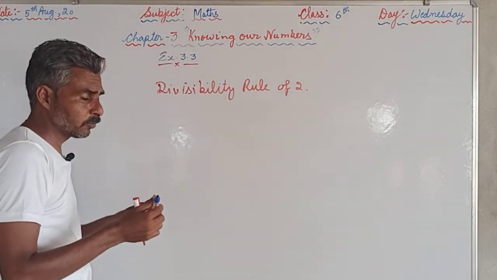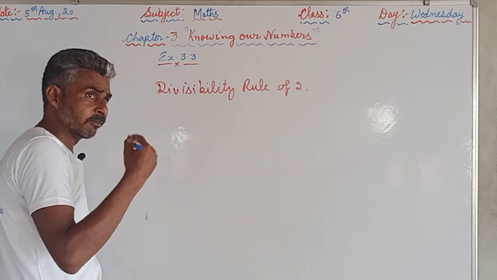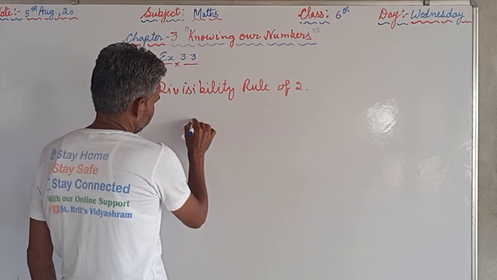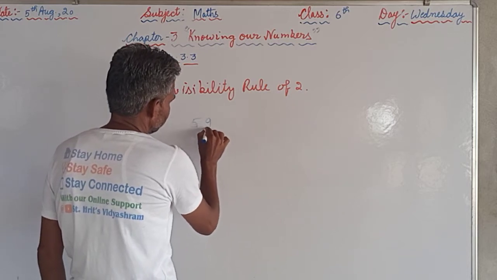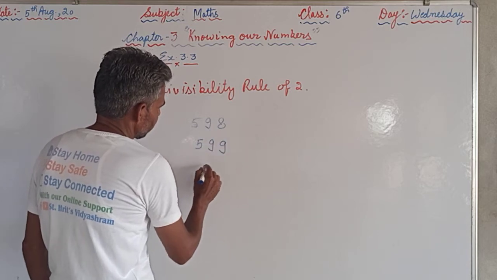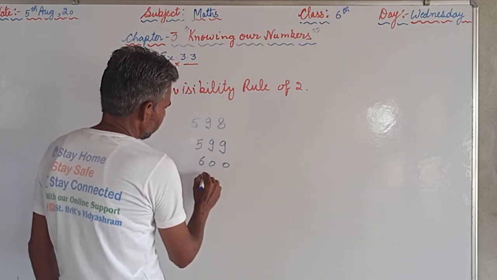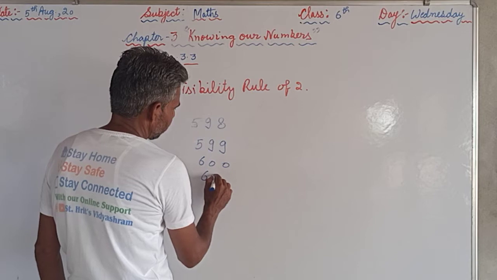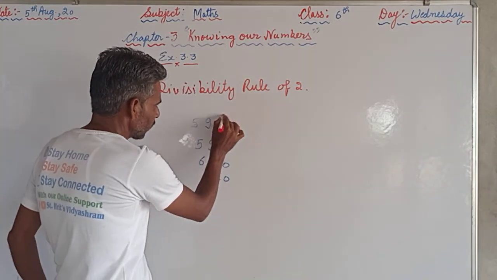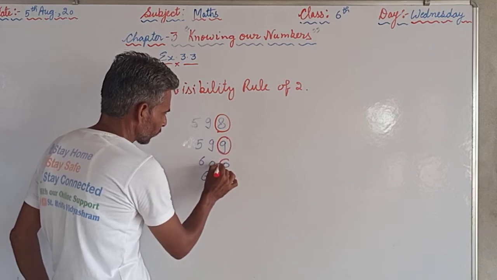For the divisibility of 2, we are supposed to see the ones place. Suppose 598 or 599 or 600 or 610. So we have to see the ones place.